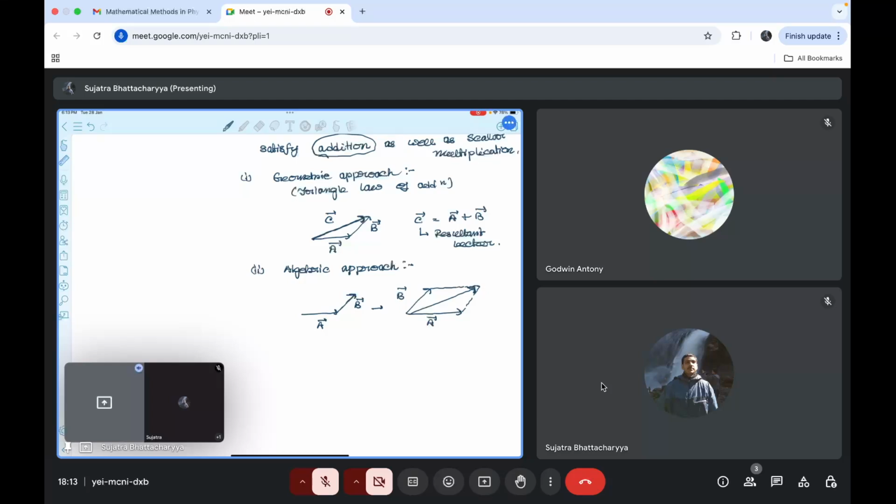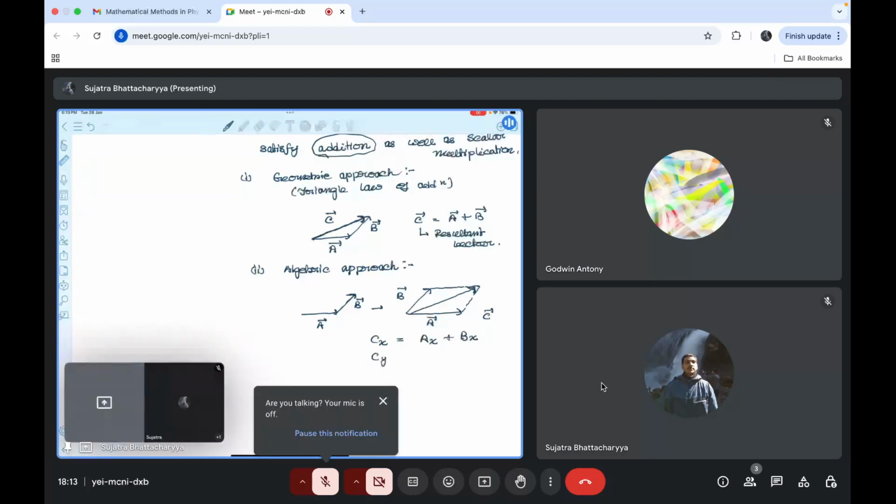Or what you can do is take these vectors and write them in terms of the x coordinate, y coordinate, and z coordinate, the three mutually orthogonal coordinates. Let us consider two coordinate axes because this is the plane. The resultant vector is C, which we have written here. Its x component is nothing but the x component of A plus the x component of B. Similarly, Cy is Ay plus By.